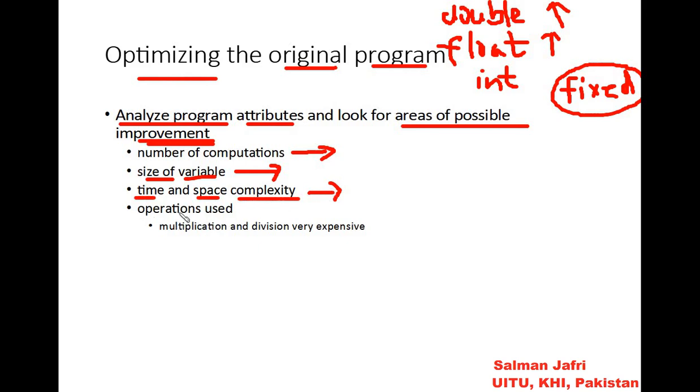And also we could optimize in terms of the operations used. Multiplication and division are very expensive, right? So if we have to multiply by 2, we could replace it with a shift left operation. Remember our discussion in the microprocessor course.